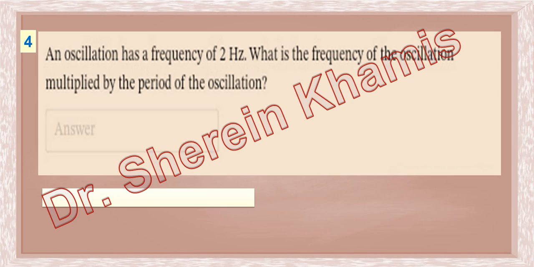We want to make frequency times periodic time, so we get any number of frequency in hertz times 1 over that number, and at the end we get unity, or 1. As we mentioned before, they are reciprocals of each other: the frequency is the reciprocal of the periodic time, or period of oscillation.